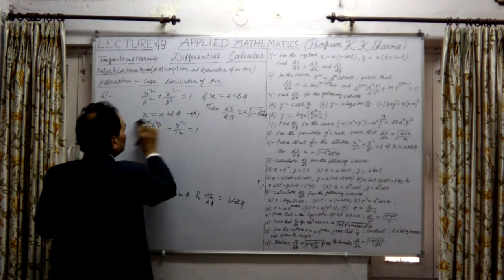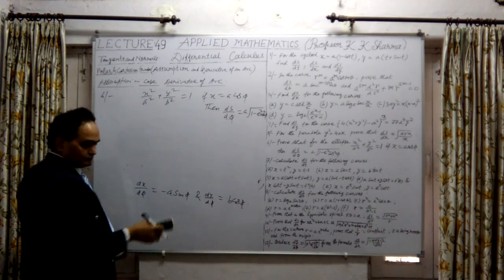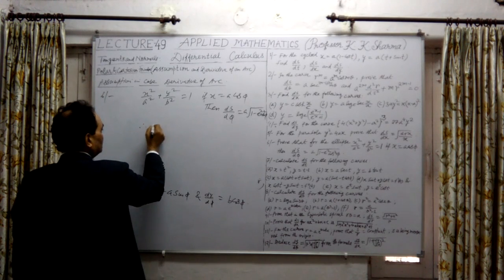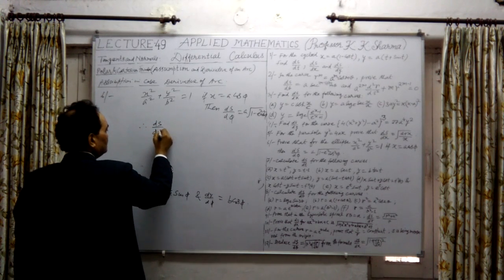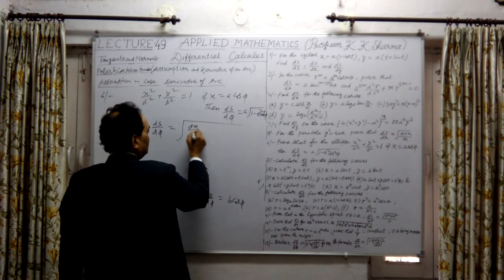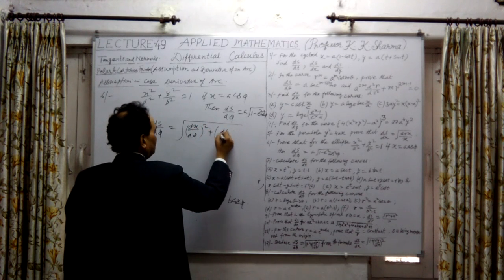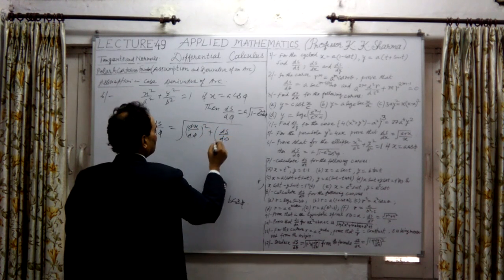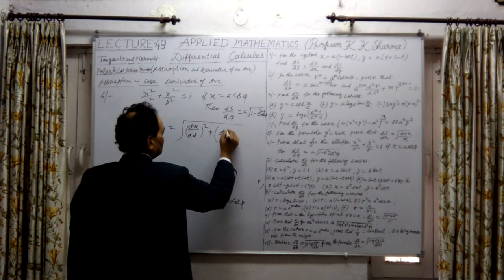Therefore ds upon d phi, which is nothing but the square root of dx upon d phi whole square plus dy upon d phi whole square.